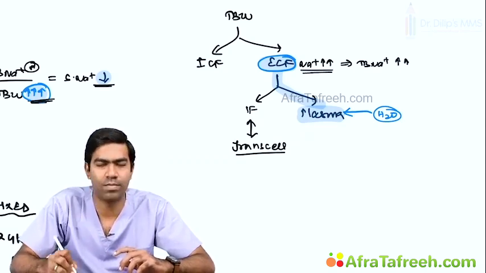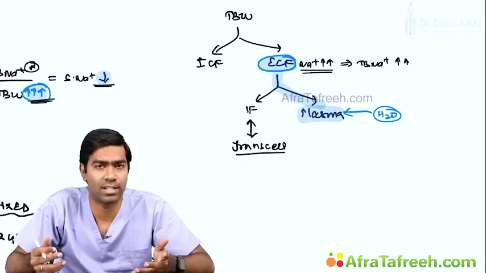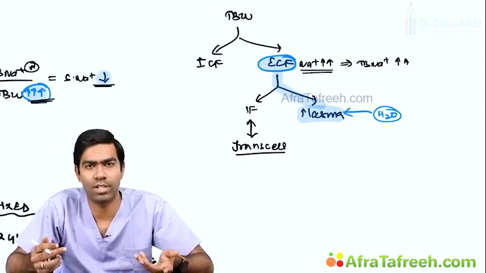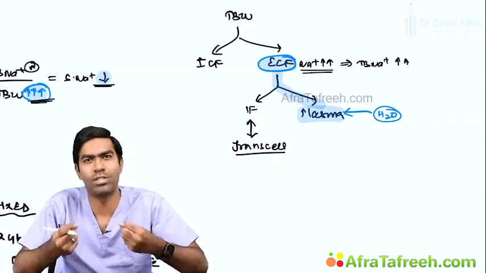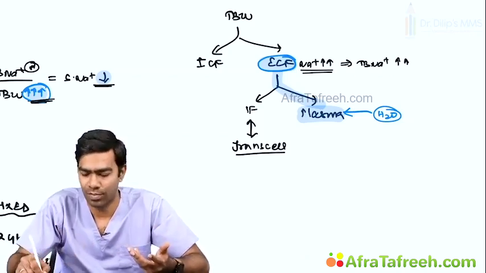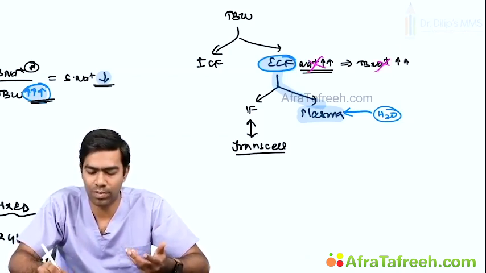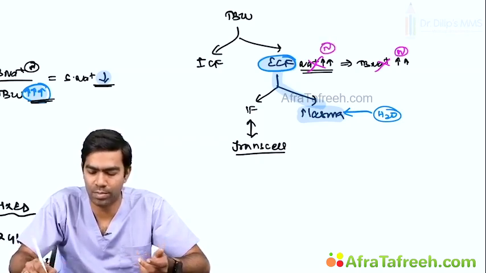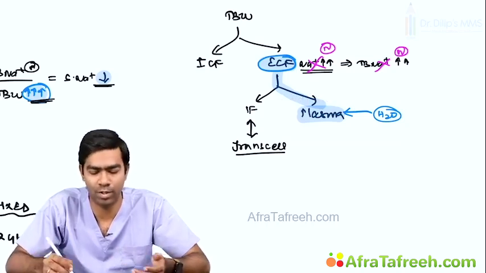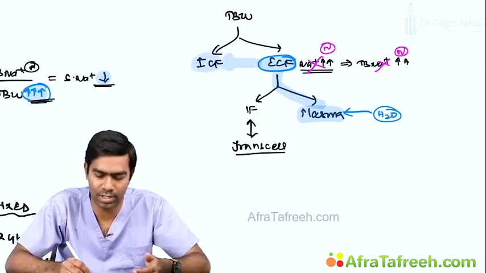Then only the ECF sodium will be high, then only they can retain this excess water. And they cannot retain this excess water if there is no sodium, because sodium is the one that holds the water. It's like an attractor of water. So if you don't have this osmole to hold the water, which means if the total body sodium and the ECF sodium is normal, obviously whatever water you add into the system will be moving into the ICF only.